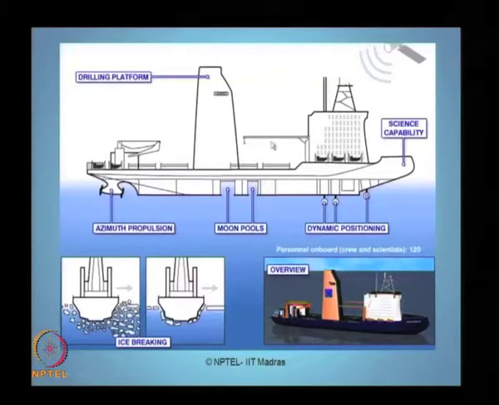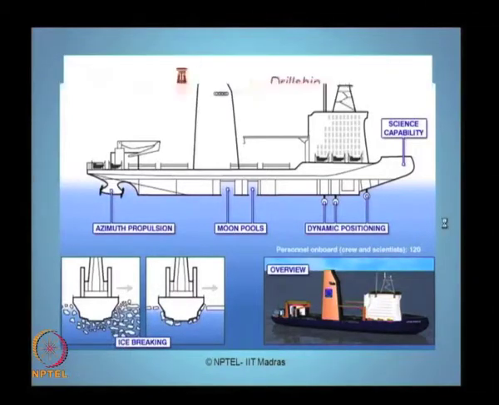The maximum number of crew and scientists who can be placed on board in a typical drill ship cannot exceed 120. That is a limitation here. Of course, drill ships are used only for exploratory drilling and not for production drilling. This is again a schematic overview of a drill ship when it is afloat. Drill ships also have problems associated with rough sea states, in case of ice breaking, etc.